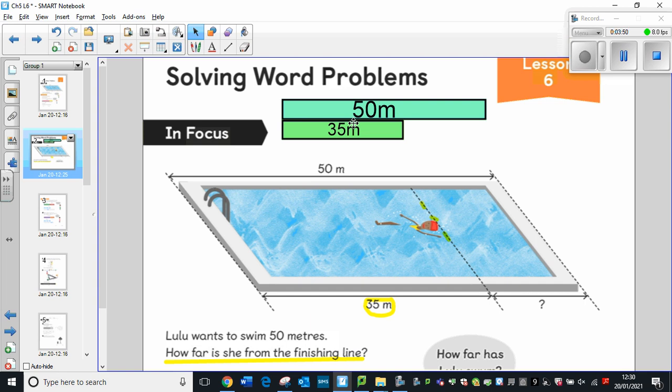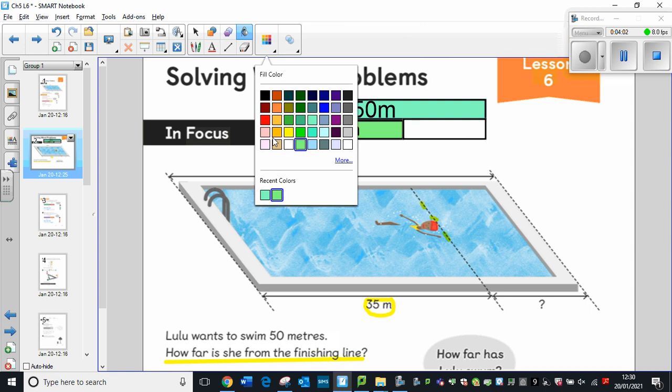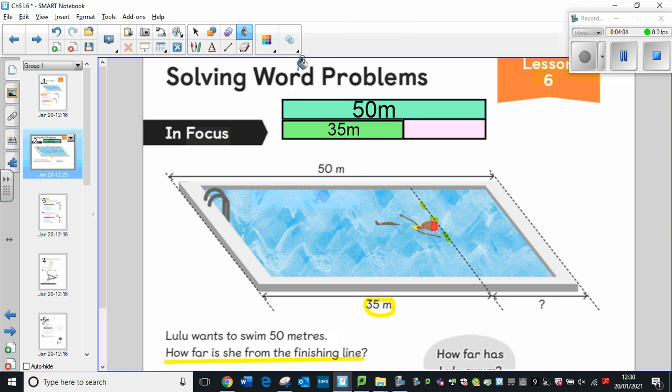But what I need to do is I need to find out what this part's worth here, because this part will then tell me how much she's got left to swim. That will tell me how much she's got left. At the minute, I don't know how much she's got left. Okay? So then I've got my bar model that shows that. It shows the 50 metres she needs to swim, the 35 metres that she has swum, and how much she's got left to swim.